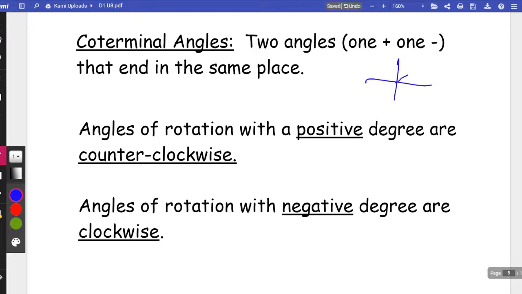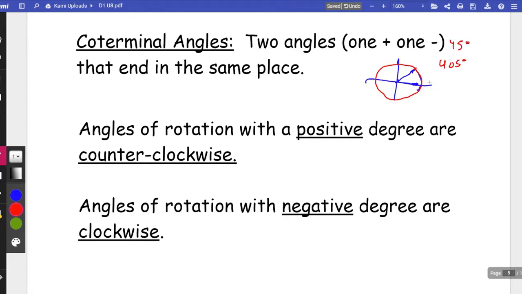If let's say 45 degrees was my angle, that's like about right there. And then I wanted to add 360 to it. Well, that would basically be right there. So this would be 45, but then plus another 360 is 405. 405 is coterminal to 45 degrees.